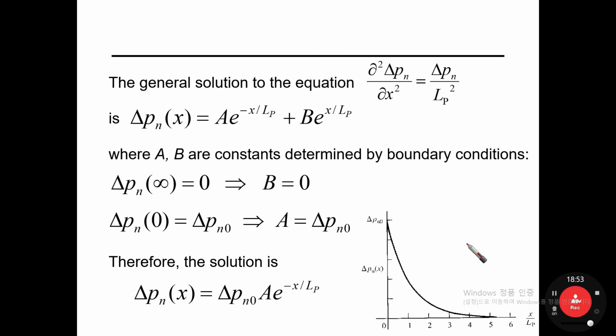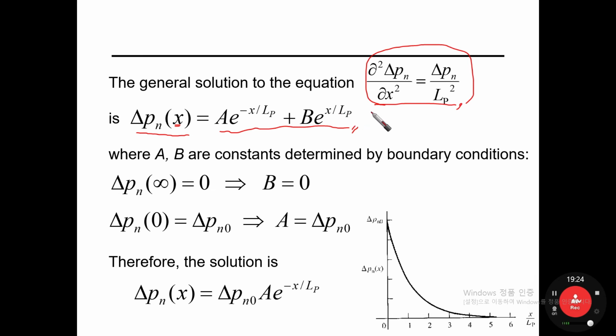Let's solve this equation. Again here, how to solve it? Previously, as I mentioned, this delta p_n as a function of x should be of the form of this. Otherwise, other shapes of solution cannot satisfy this second order derivative equation.